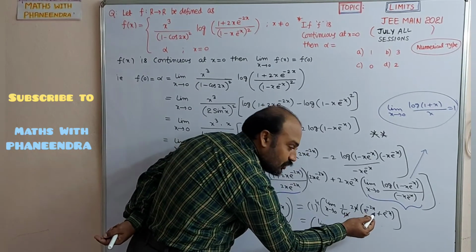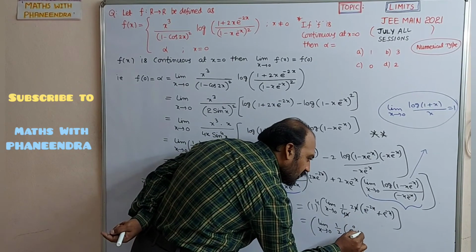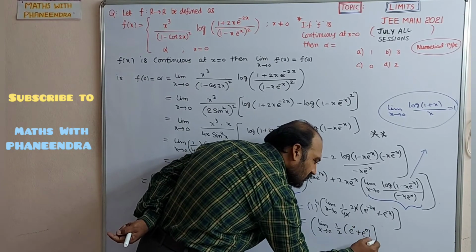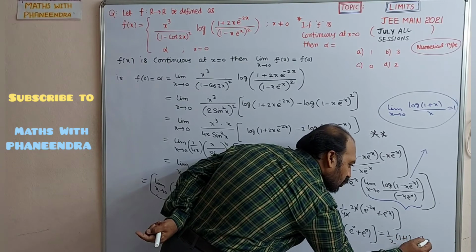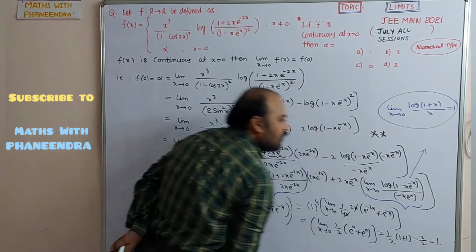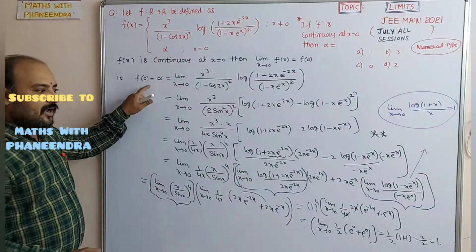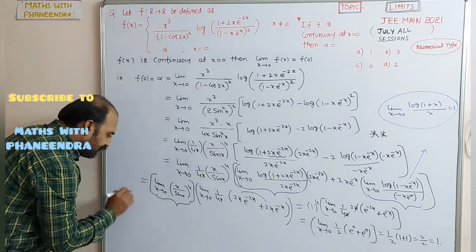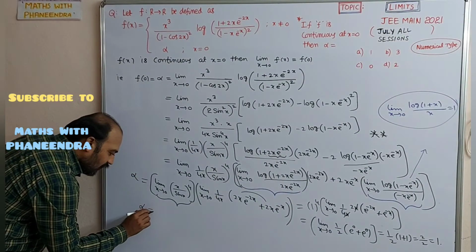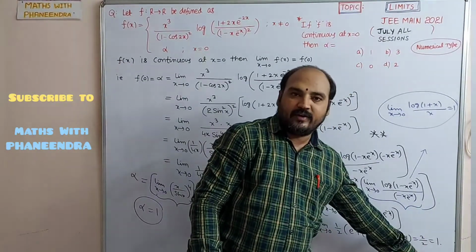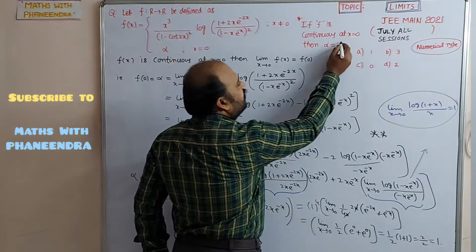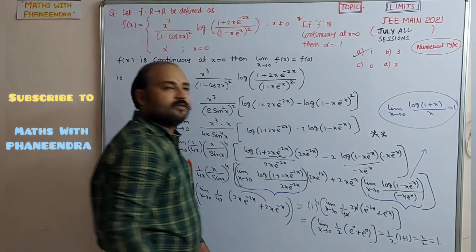Substituting x equal to 0, e power 0 is 1 plus e power 0 is 1, so 1 by 2 into 1 plus 1, that is 2 by 2, that is equal to 1. So alpha value ultimately is equal to 1. So here we got it as 2 by 2, that is 1. So alpha value is 1, which is there in the first option.